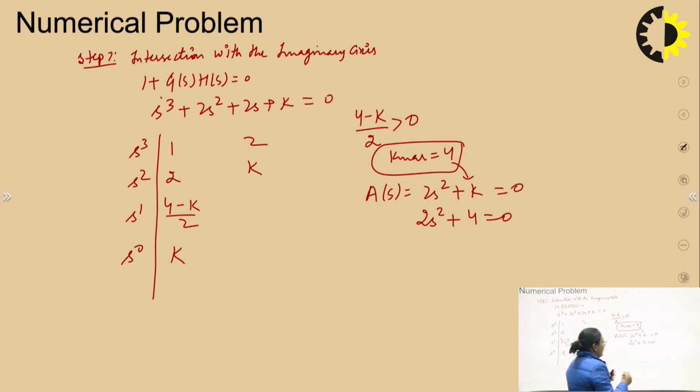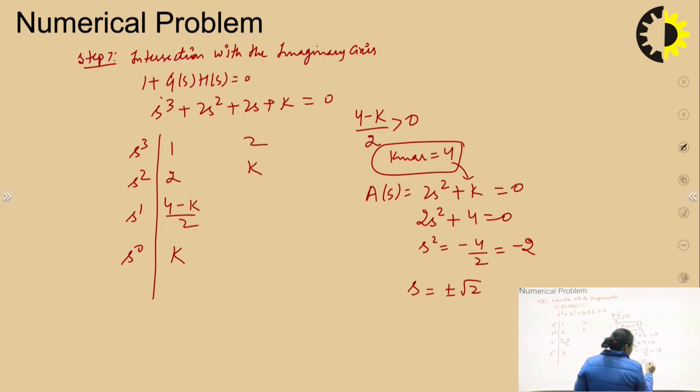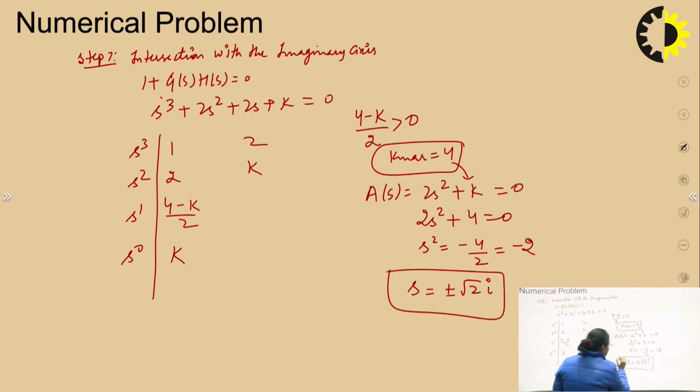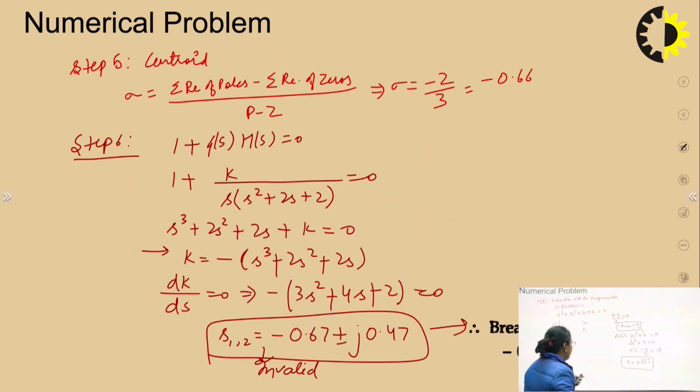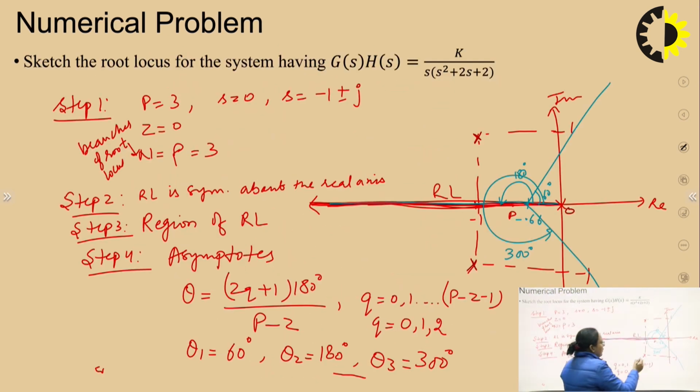After putting this value, I get the two values of s, which decide the point on the imaginary axis. So this is plus minus root 2 j. This is the point where the branches of the root locus are cutting the imaginary axis. Now of the three branches which are originating, one will be terminating here.